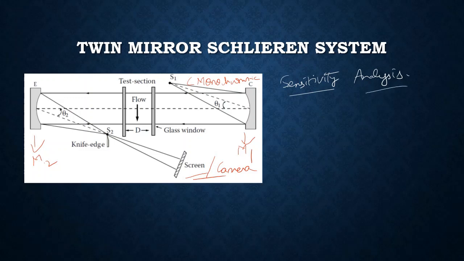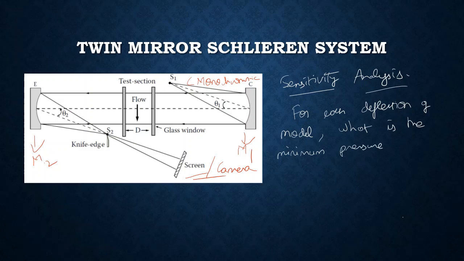The sensitivity analysis is that for each deflection of the model, what is the minimum pressure condition to operate at a given Mach number? Right. So this is the sensitivity analysis.